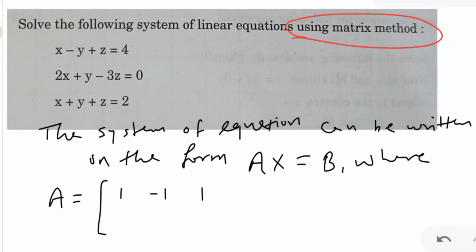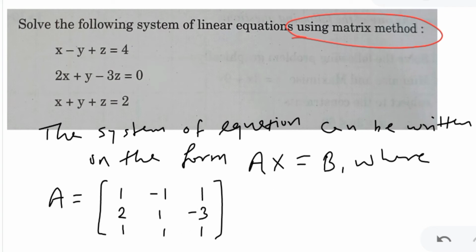Then the second equation's coefficients are 2, 1, minus 3, so you write 2, 1, minus 3. Then the third equation's coefficients are 1, 1, 1, so you write 1, 1, 1. This will be our matrix A.